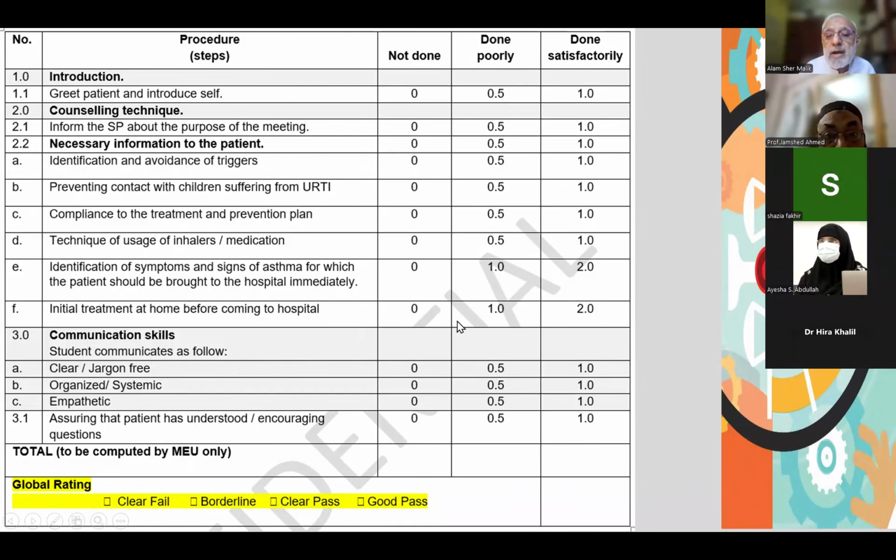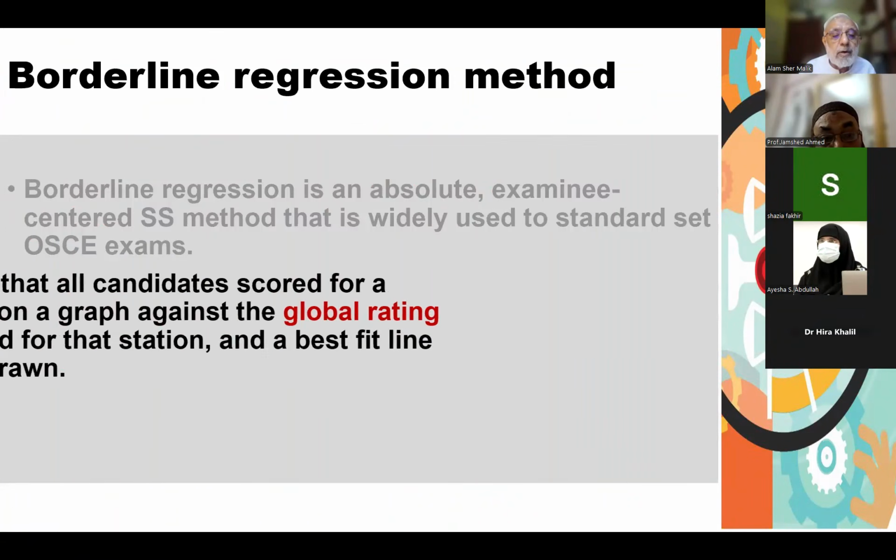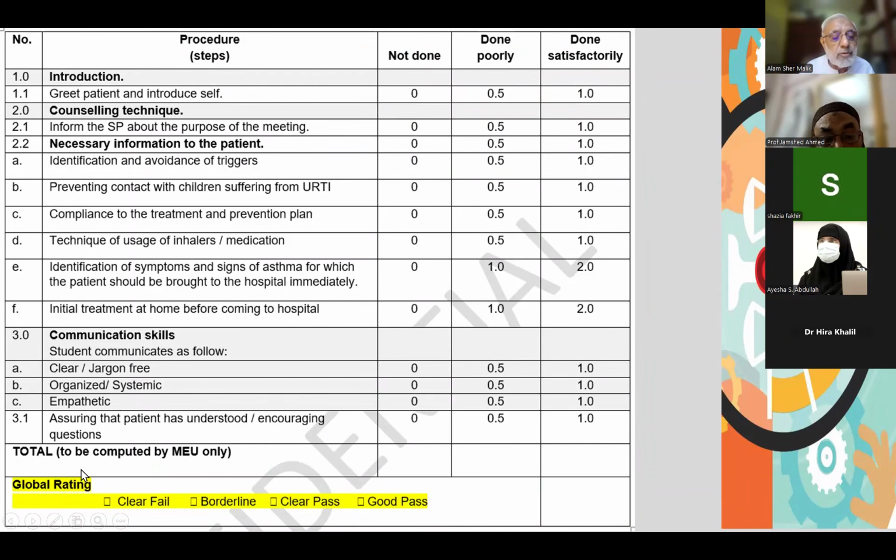So I have marks here, and I have my overall impression here. So this is the global rating, and this is the marks. For each candidate, let's say I'm doing an OSCE and there are 40 or 50 candidates coming through. I'm marking all of them and giving the global rating.